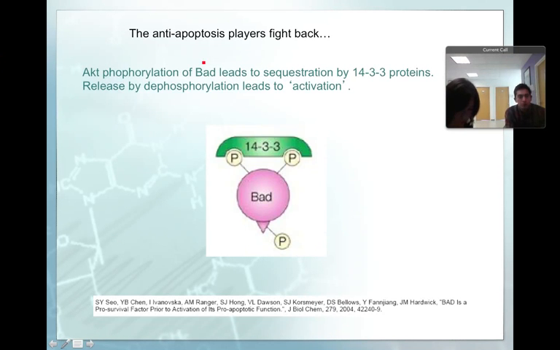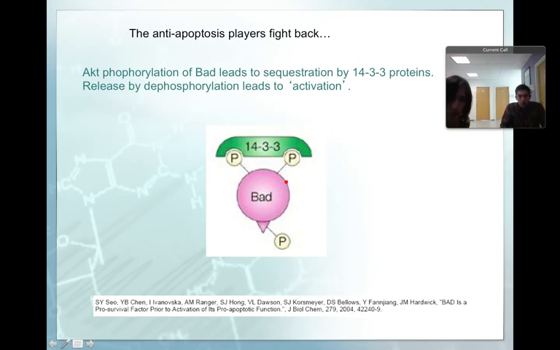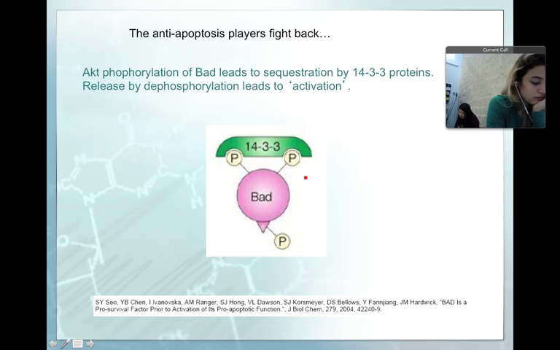But the anti-apoptosis players, that is, the ones that are blocking death, also are affiliated with things. In this case, AKT, that pro-survival protein we mentioned in the beginning of the class when I was talking about oncogenes, it phosphorylates BAD. That leads this BIM, this BH3 only protein, to be sequestered.